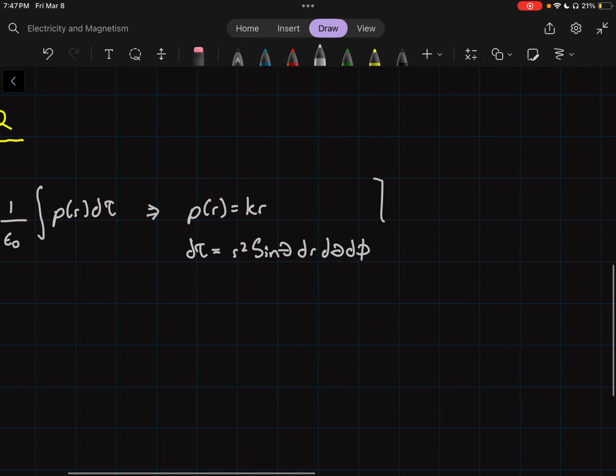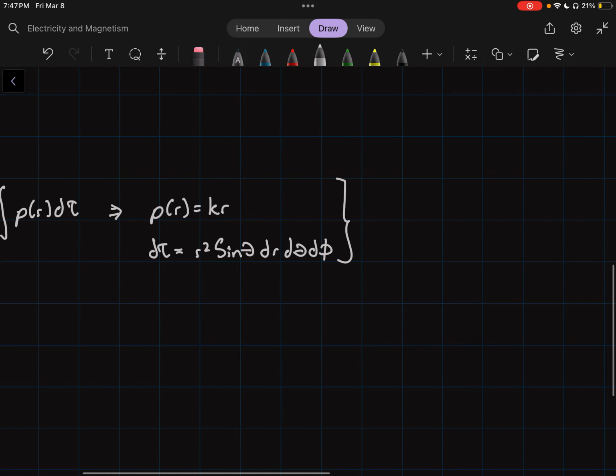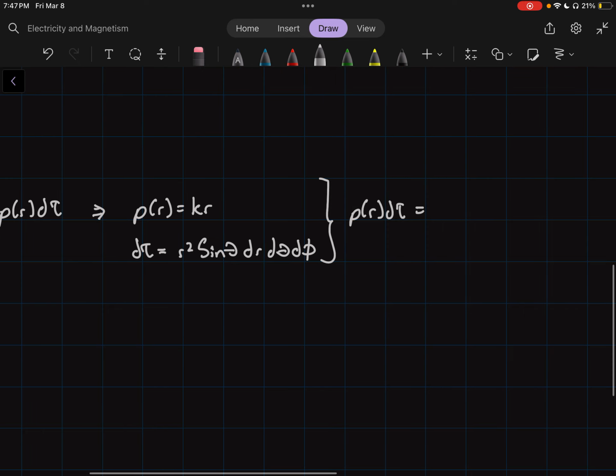So rho d tau is then going to give us k r cubed sine theta dr d theta d phi.